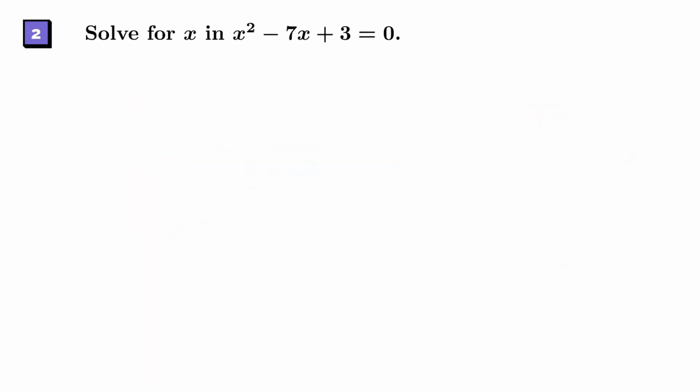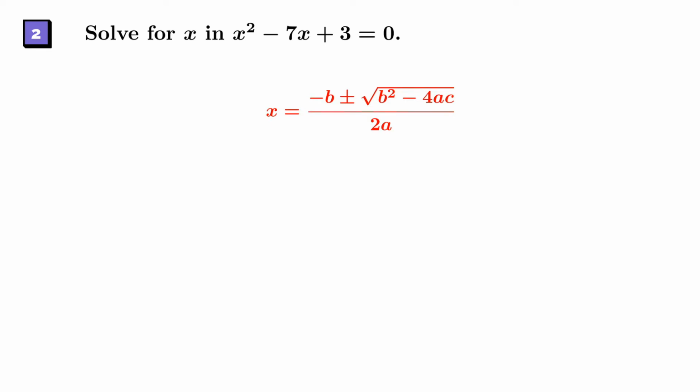Another example. Solve for x in x squared minus 7x plus 3 equals 0 gamit yung quadratic formula. So again, the quadratic formula, we have x equals negative b plus minus the square root of b squared minus 4ac all over 2a.